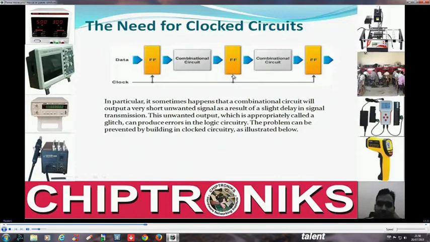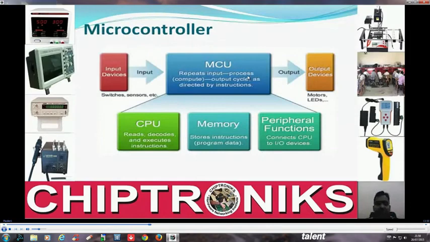So we need a clocked circuitry to produce the right kind of output, not errors. We should note one thing: a clock circuit is required to produce the right kind of output, not error. Let's go to the next slide.